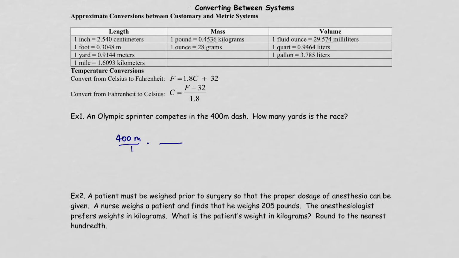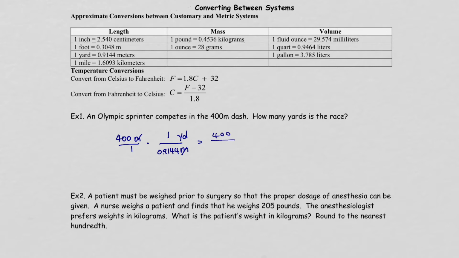You're trying to change to yards, so let's see the comparison between yard and meter. It's right here. That's what you're going to multiply, so it will be 1 yard over 0.9144 meters. This way, your meter will disappear and your unit is going to be yard.